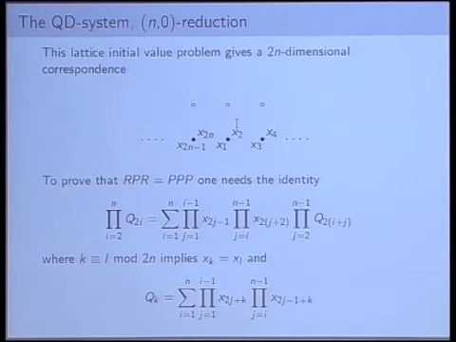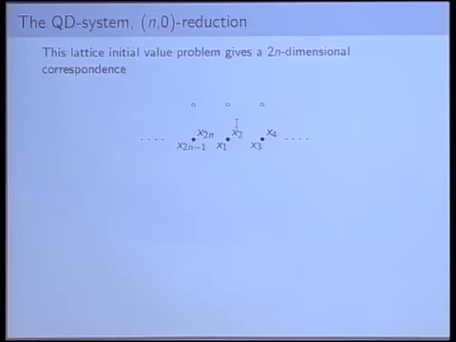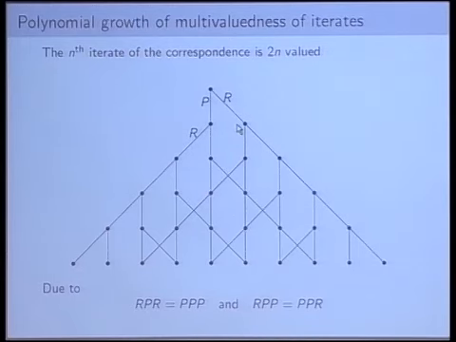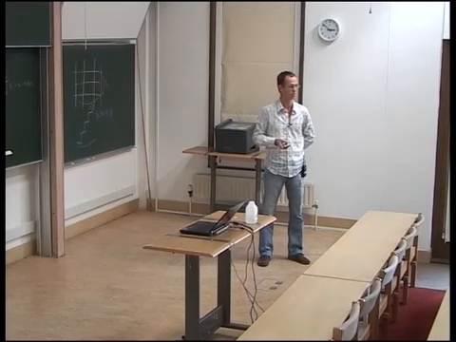And you can really prove these identities, but you have to establish relations like this. So you have to work a bit, but in the end you get exactly the same growth for a 2n-dimensional correspondence as you get for the 4-dimensional correspondence, which I explicitly showed you.